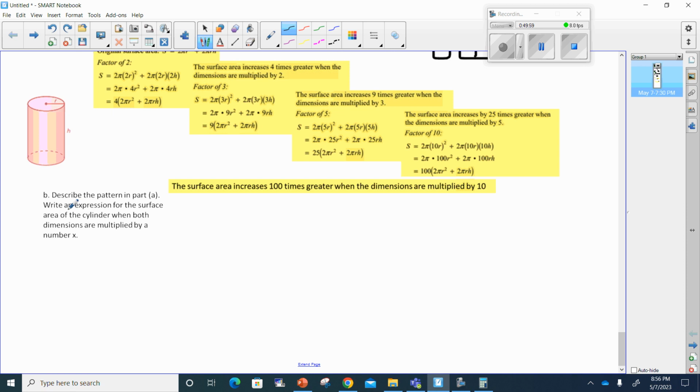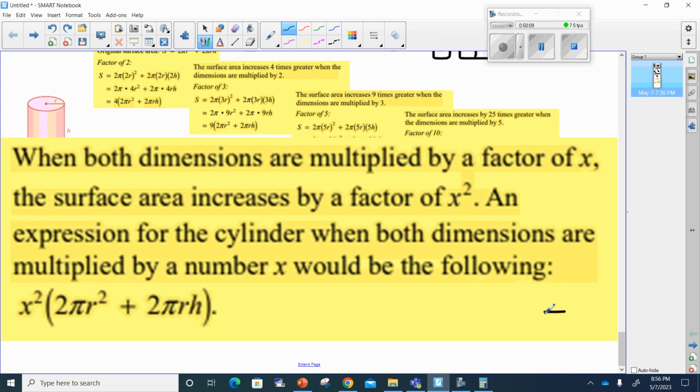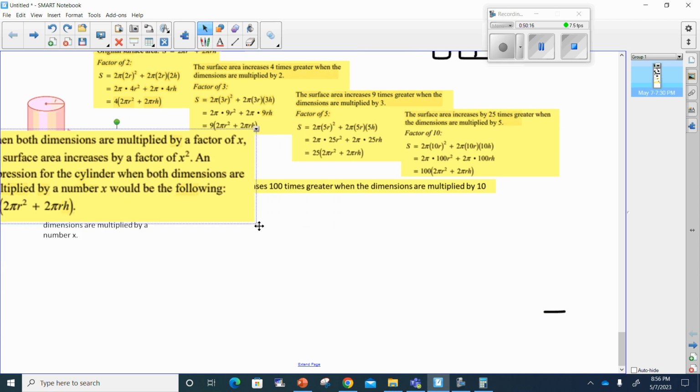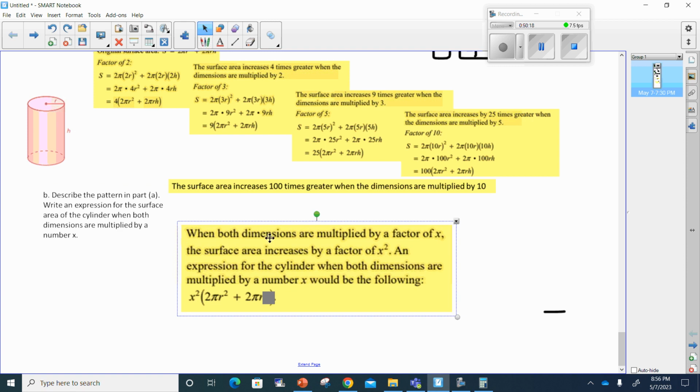B says describe the pattern in part A. Write an expression for the surface area of the cylinder when both dimensions are multiplied by a number x. And once again, I'm just going to pop that work in there. When both dimensions are multiplied by a factor of x, the surface area increases by a factor of x squared.